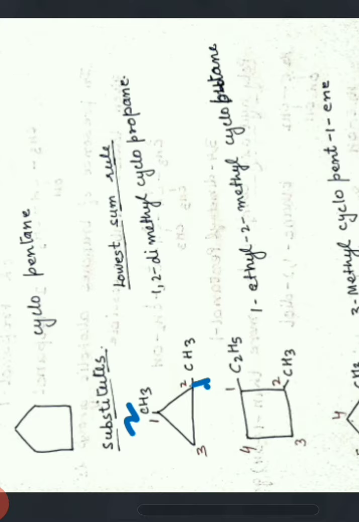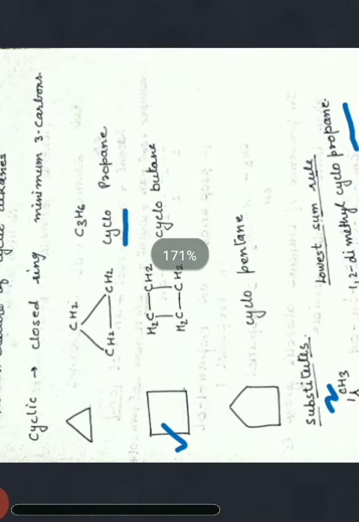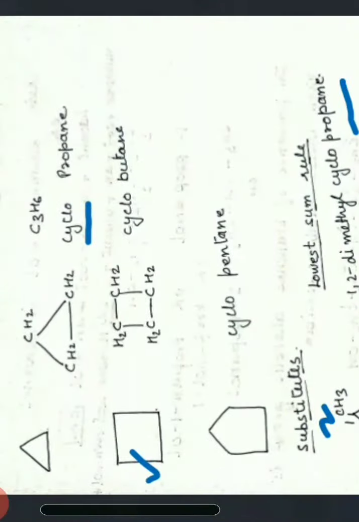Now one question arises at times: why are we using propane, because propane is C3H8? But C3H8 is a non-cyclic, acyclic compound. Whenever we have a cyclic compound, you can see the formulas change. For cyclopropane, the formula is C3H6.